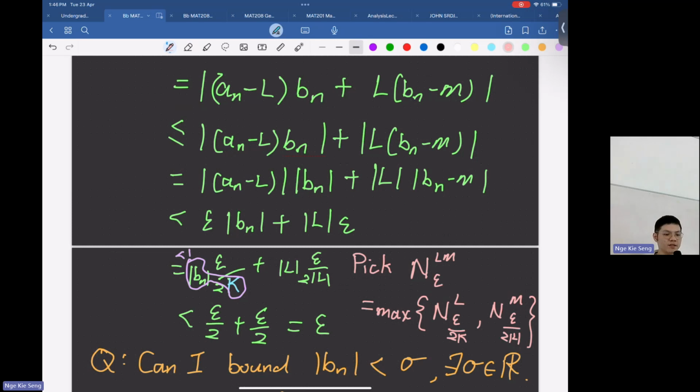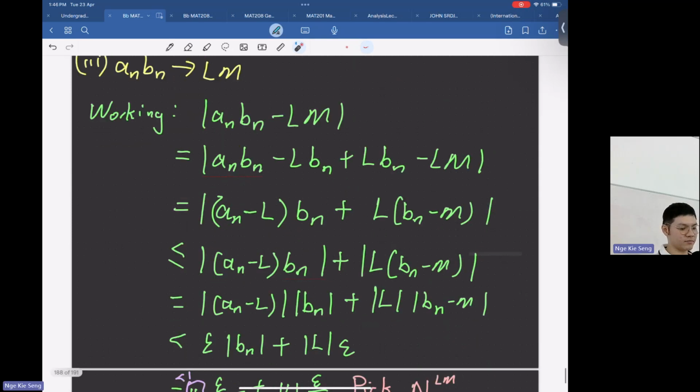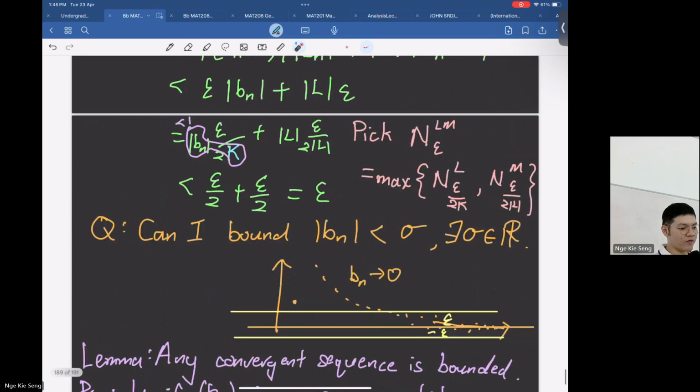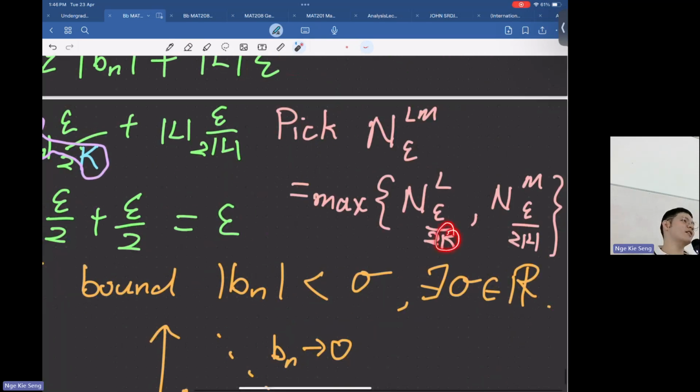You have to consider when L is converging to 0, because again, we are dividing by 0. So what to do here? Of course, K could also be divided by 0.